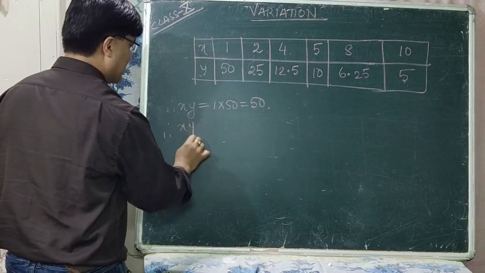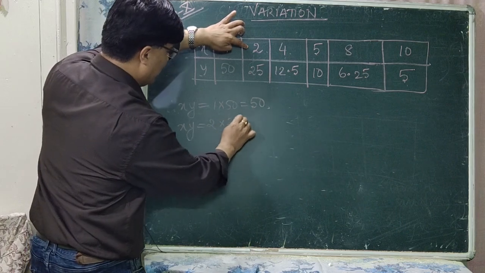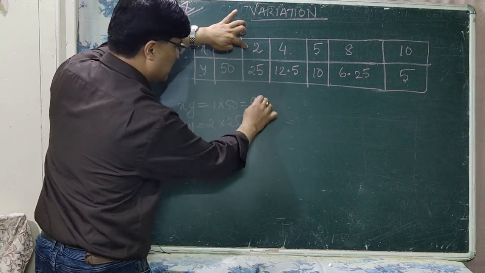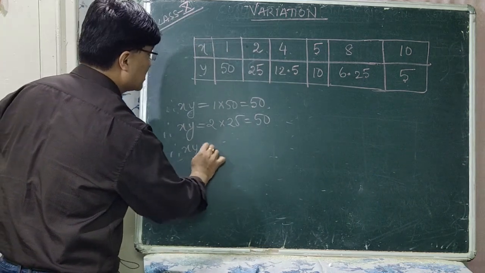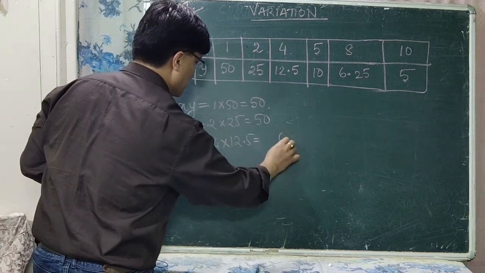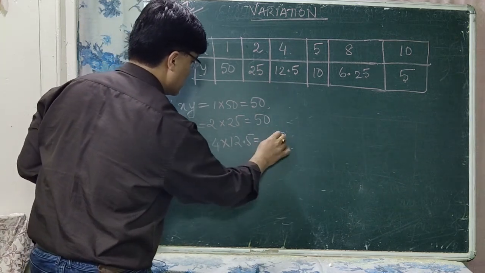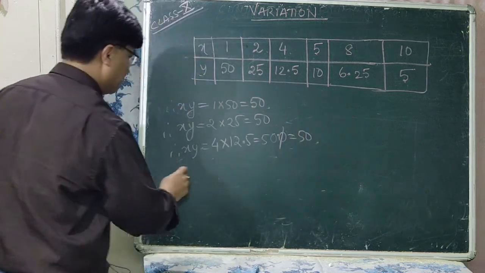सिमिलरली अर्को केसमा हेरौँ, सेकेन्ड केसमा के छ, x इज इक्वल टु 2, y इज इक्वल 25, दिस इज अल्सो 50. सेम आउँदै जाँदैछ है. फेरि यहाँ के हुँदैछ, xy इज इक्वल टु 4 इन्टु 12.5, so this is also 50.